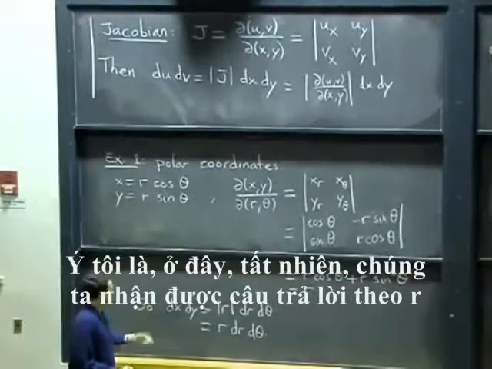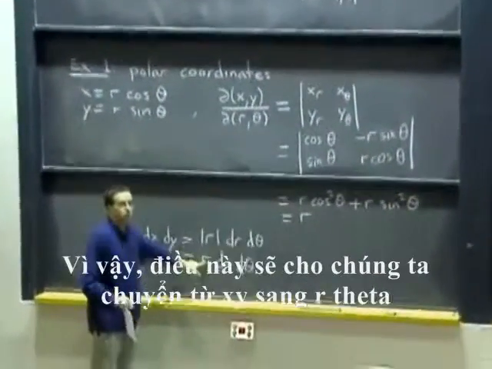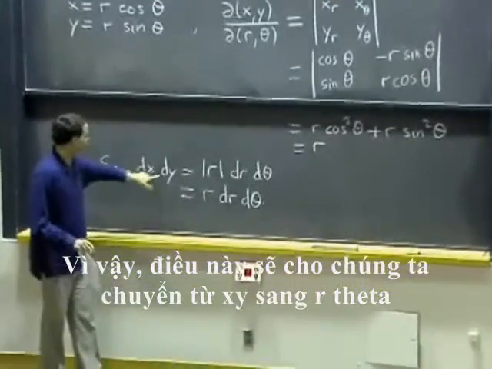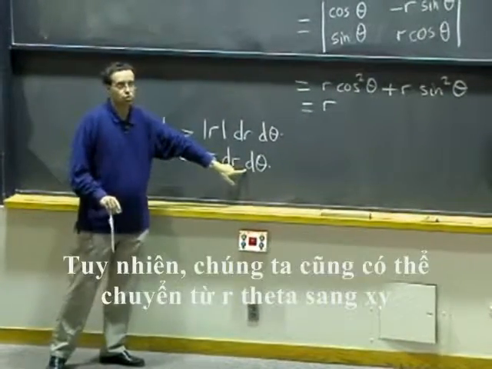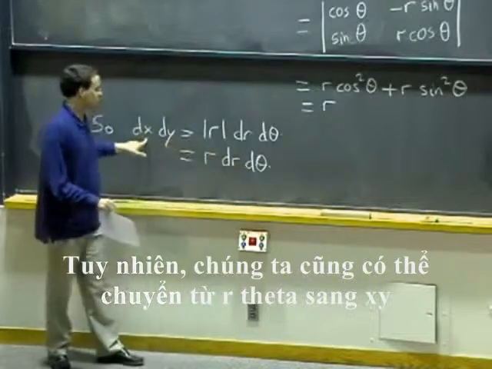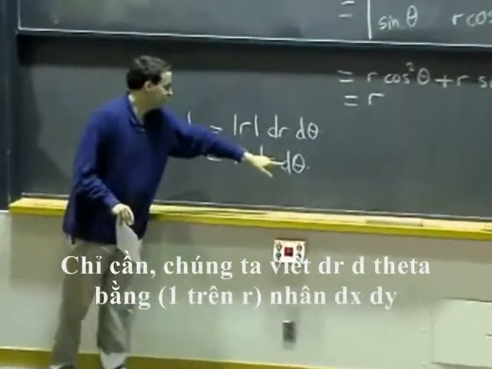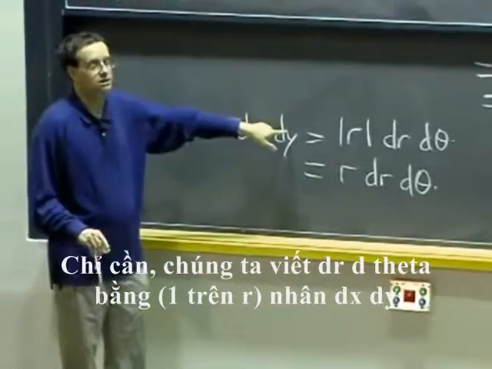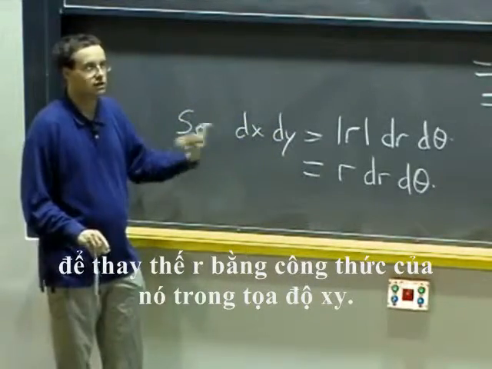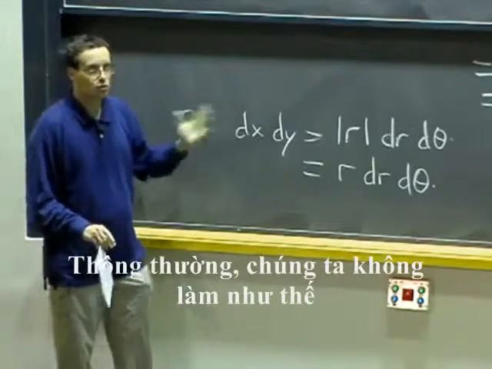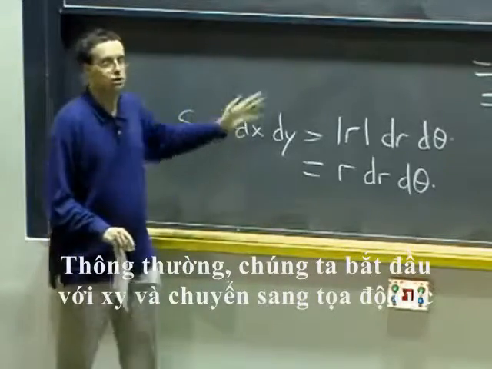Here, of course, we get the answer in terms of r, so this would let us switch from xy to r theta. But we could also switch from r theta to xy, just we'd write dr d theta equals 1 over r dx dy, and then we'd have to replace r by its formula in xy coordinates. Usually we don't do that. Usually we start with xy and switch to polar.